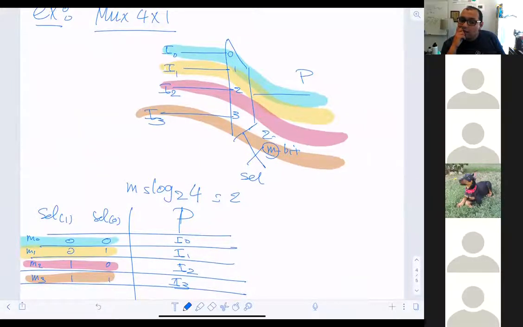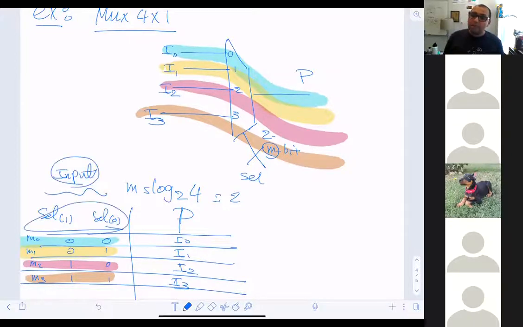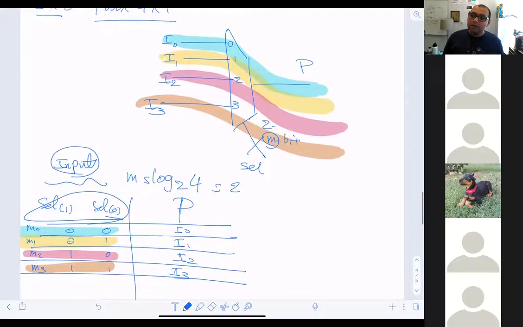The truth table is for the selector, because the selector is deciding who's going to be the output, right? That makes sense? Okay. So here is the input. Those are controlling, right? I'm going to show you. I understand.